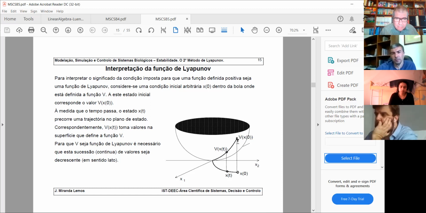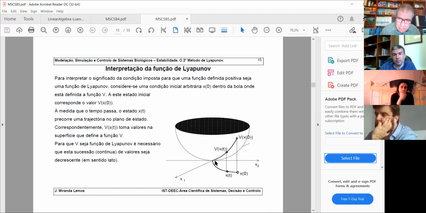This is a sequence of numbers. If the derivative of V with respect to t is negative, what happens? Your sequence of numbers is decreasing. So you are approaching 0. That's why you are able to prove that if the derivative of V with respect to time is negative along the trajectory, your system is stable.